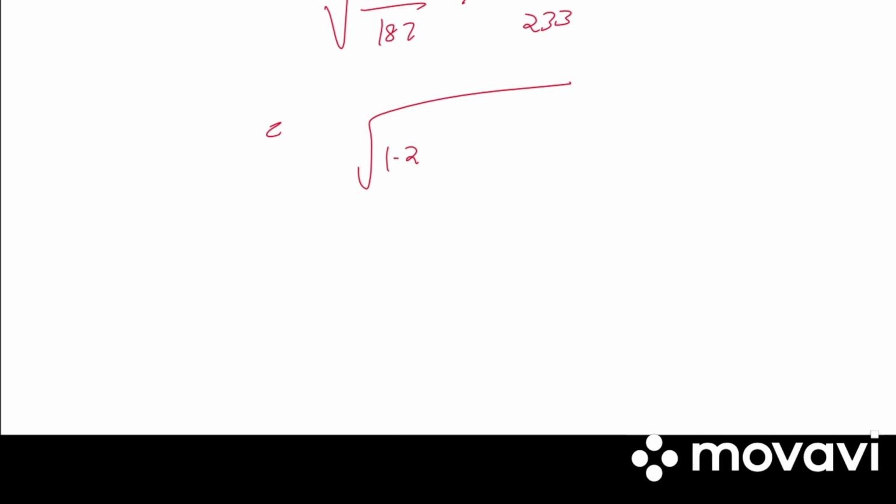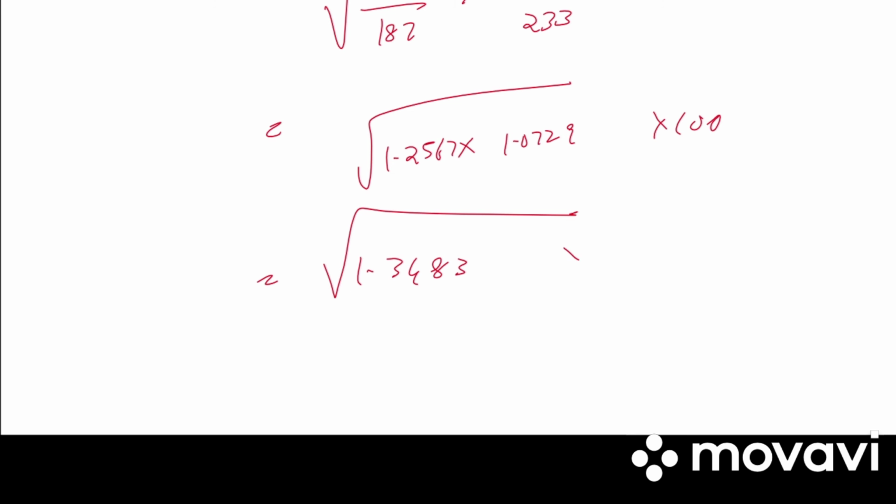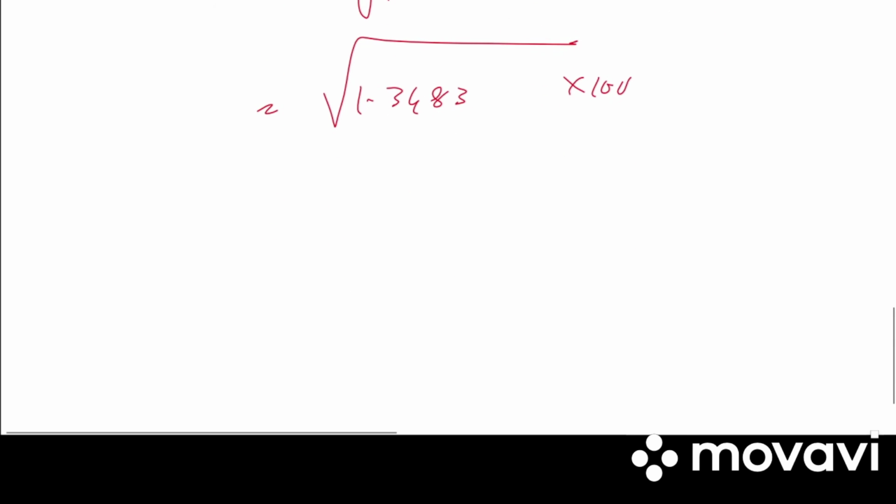Square root of 1.2567 into 1.0729 into 100. Square root of 1.3483 into 100. 1.1612 into 100, that is 116.12. Clear?